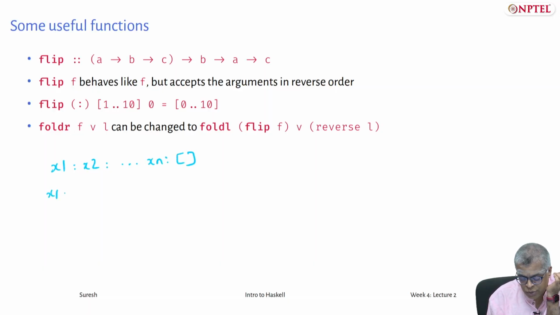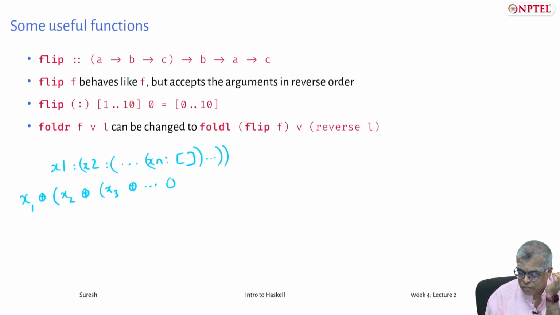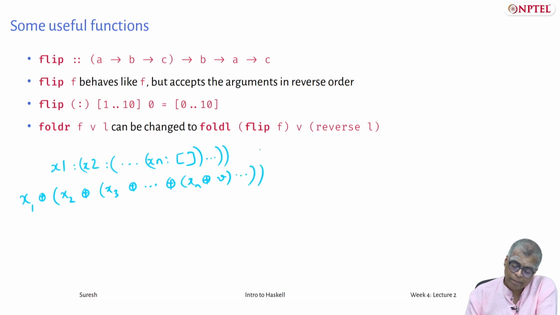Foldr is doing x1, f, let me use O plus as the notation, so I will have x1 O plus x2 and so on. This is the result of foldr.